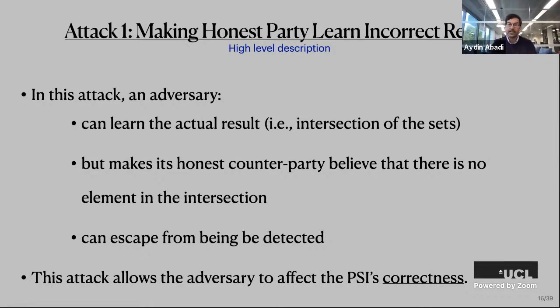However, it can make its counterparty believe that there's no element in the intersection. It can do that, and it can easily escape from being detected. So this attack can affect the correctness of the PSI protocol.